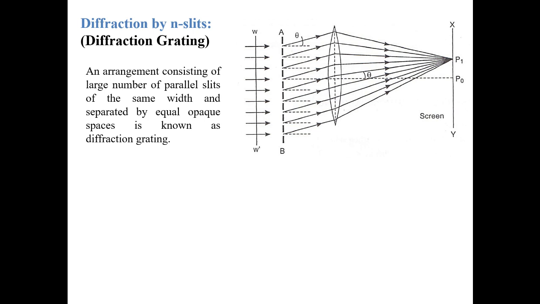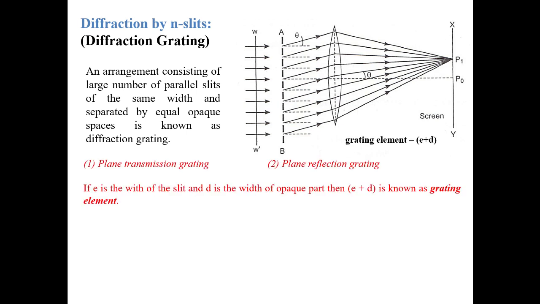Now, the grating is an arrangement consisting of a large number of parallel slits of the same width and separated by equal opaque space. And the gratings are of two kinds. One is plane transmission grating and another is plane reflection grating.